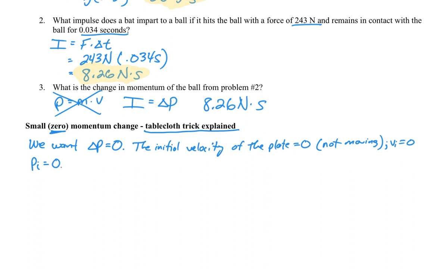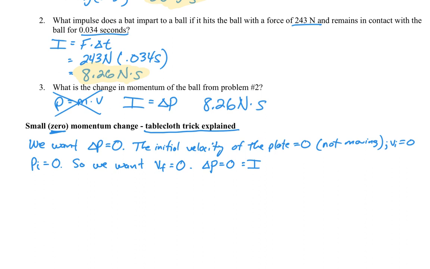So what we really want is the final velocity to be 0 as well. If the final velocity is 0 and the initial velocity is 0, that means we need a change in momentum as close to 0 as possible. But we know from our impulse-momentum equation that impulse is equal to a change in momentum, so we need our impulse as close to 0 as possible as well.